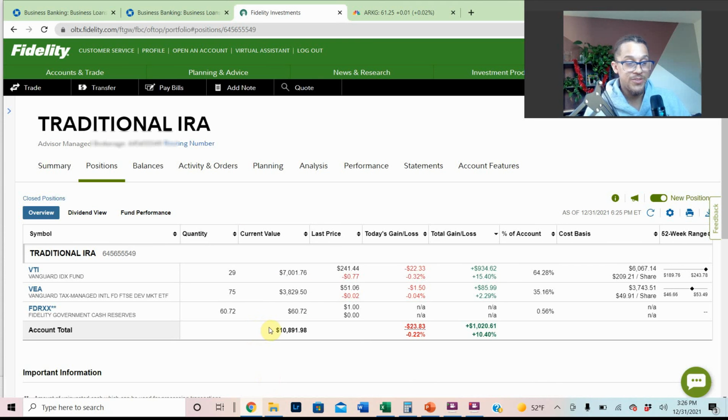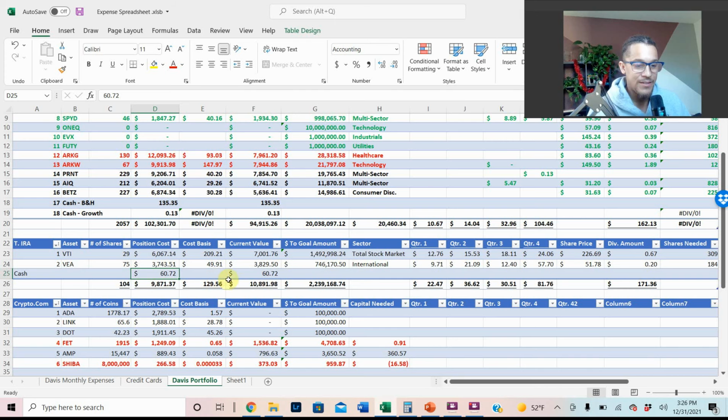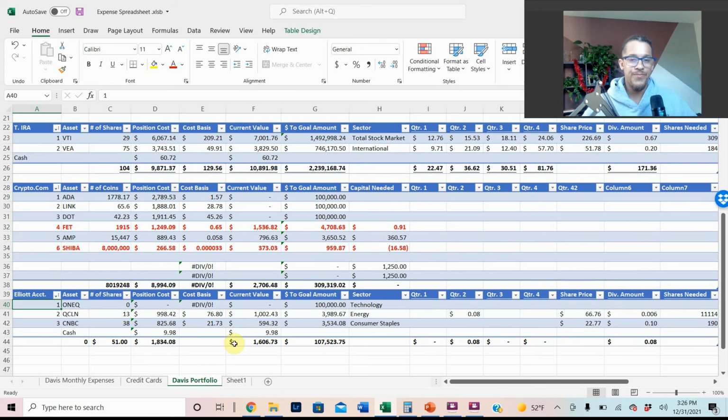Okay, so now what you can see is the current value, 10,891.98. Now I'm going to do my son's, and then I'll show you all of that account information back there together at one time.